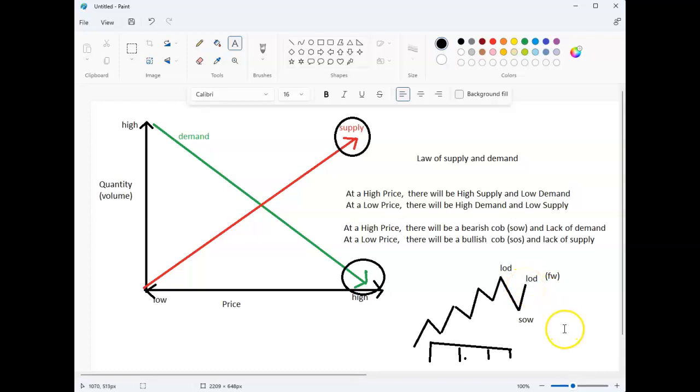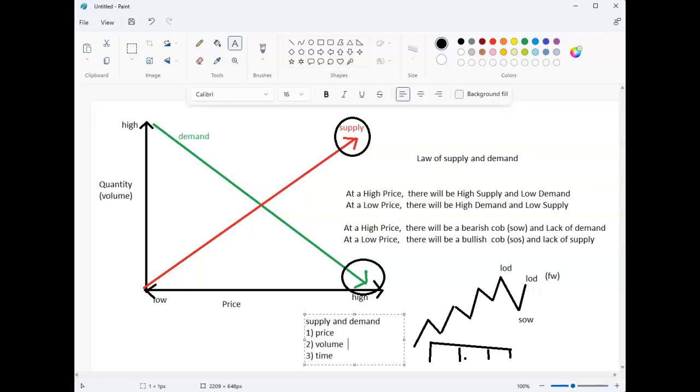Here's the other point. Demand has 3 dimensions, and supply as well. Both supply and demand have 3 dimensions. The first is obviously price, right? 2 is volume, and 3 is time.